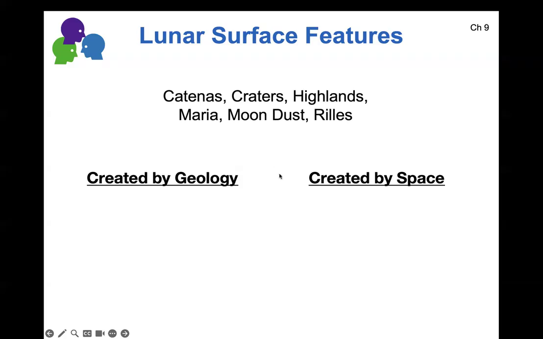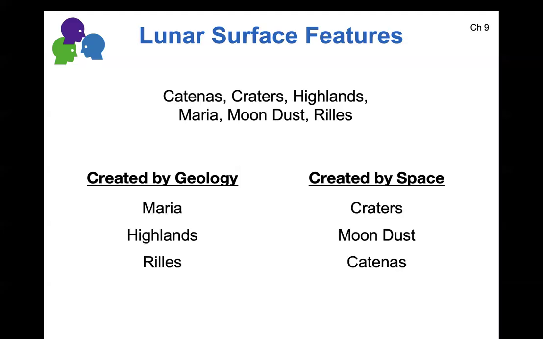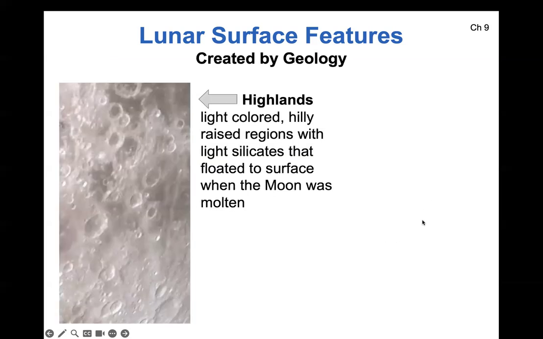And to group together some of these different named surface features, we can consider those created by geology, so features that are created because of something that happened inside of the moon, often early in the moon's history, and features that are created by space, so features that are created because of some direct influence from outer space.